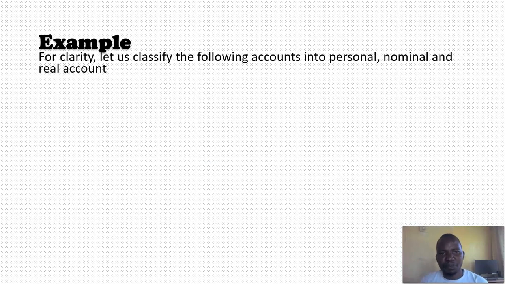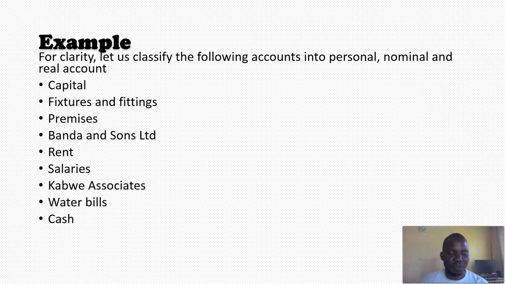Now, I want us to clearly know how to group these accounts into the three classes. Let's look at the following example, and ensure that we put the items under personal, nominal, and real accounts.